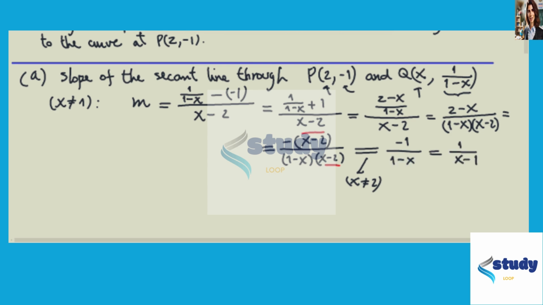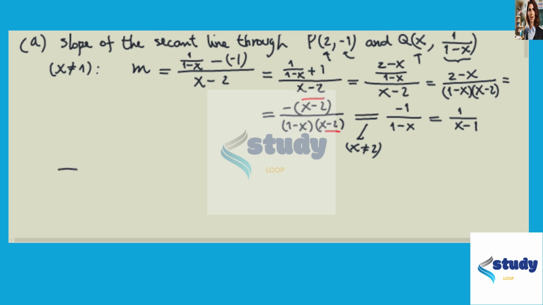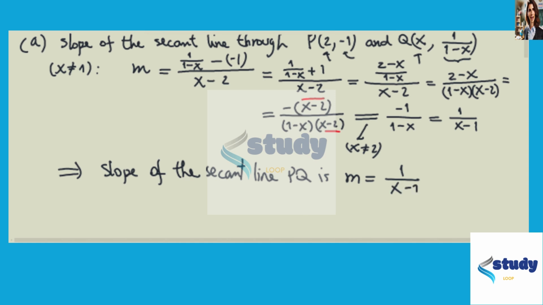So the slope of the secant line PQ is m equal 1 over x minus 1. So this is our expression here.